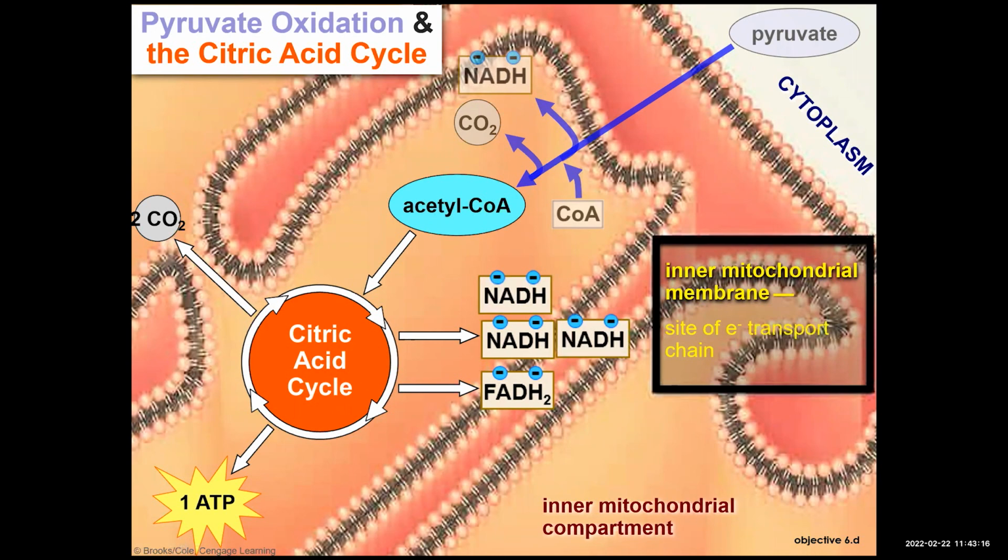Now, on the chart I showed you before, it said that this step makes 2 ATP. We're making 1 ATP per acetyl coenzyme A. But how many pyruvates do we have for this process from a single molecule of glucose?